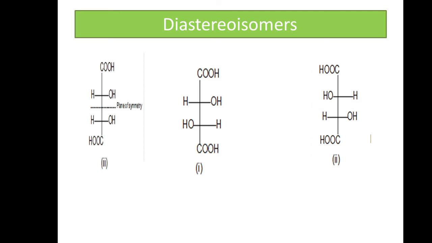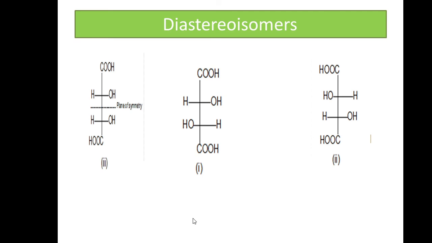But these are the three stereoisomers of tartaric acid. The specialty is that structures 3 and 1 are not mirror images. Similarly, structures 3 and 2 are not mirror images. They are stereoisomers of tartaric acid, but they are not related as mirror images of each other.